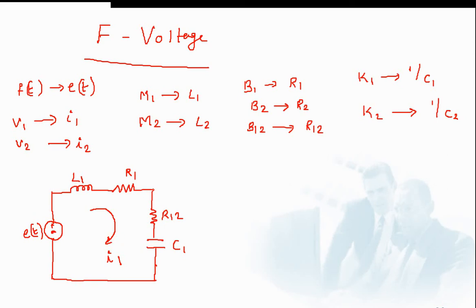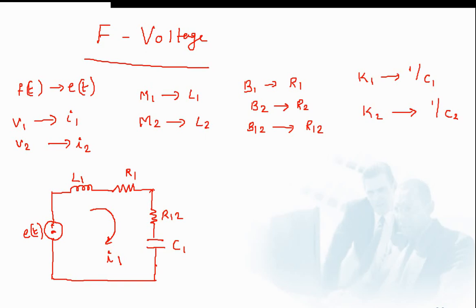And now we have to draw the next mesh. As I already told you, since K1 and B12 are associated with both mass M1 and M2, the analogous elements, resistor R12 and capacitor C1, will be common to both meshes.